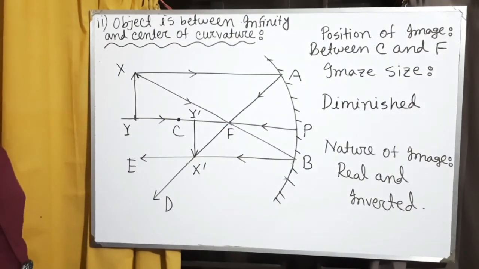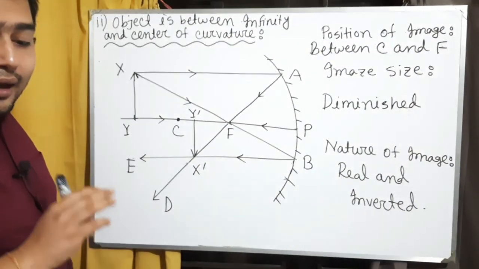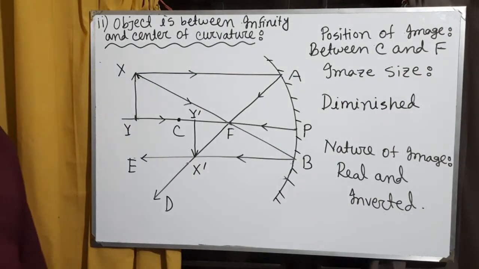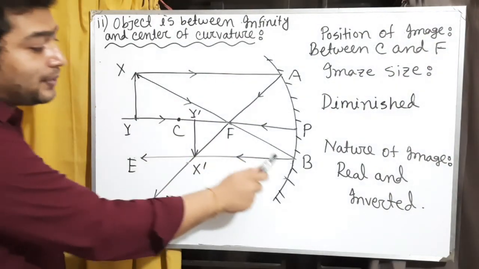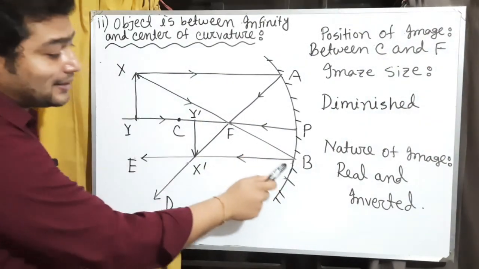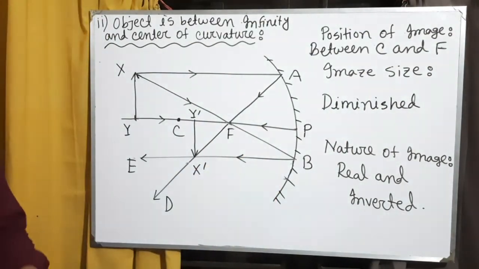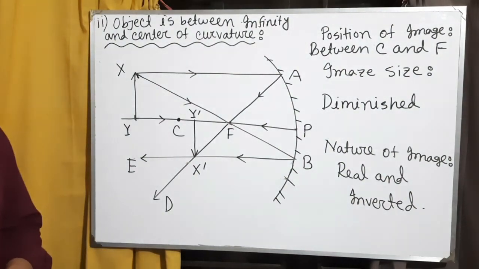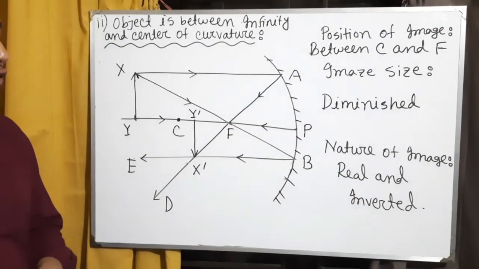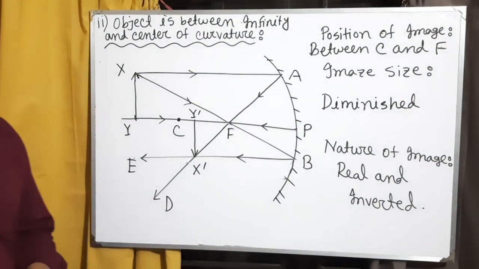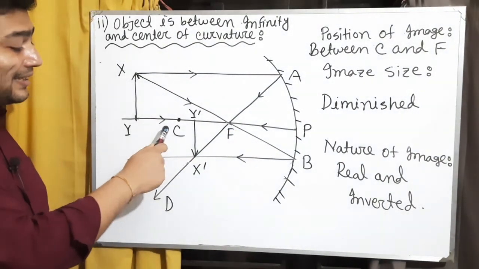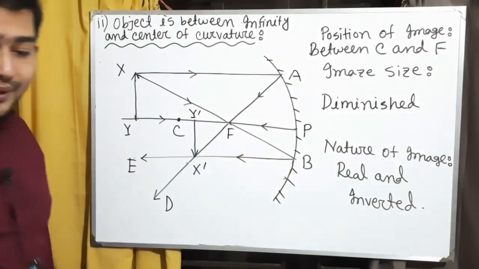Now another light ray XB, going through the focus, will be reflected parallel to the principal axis CFP.